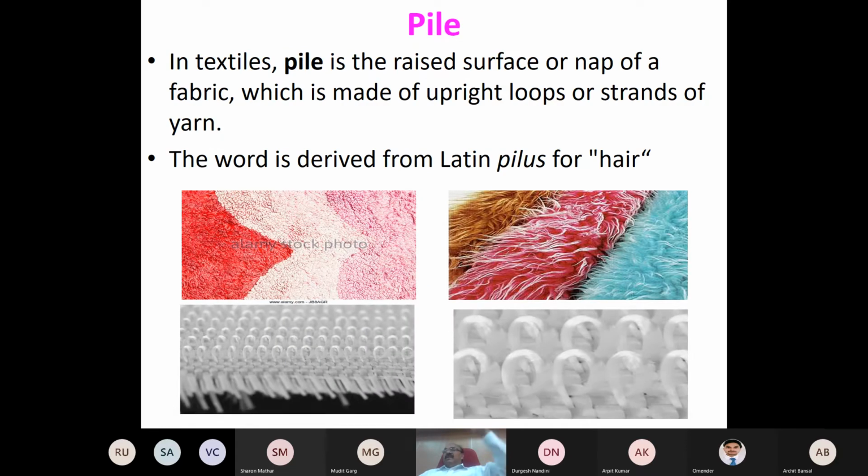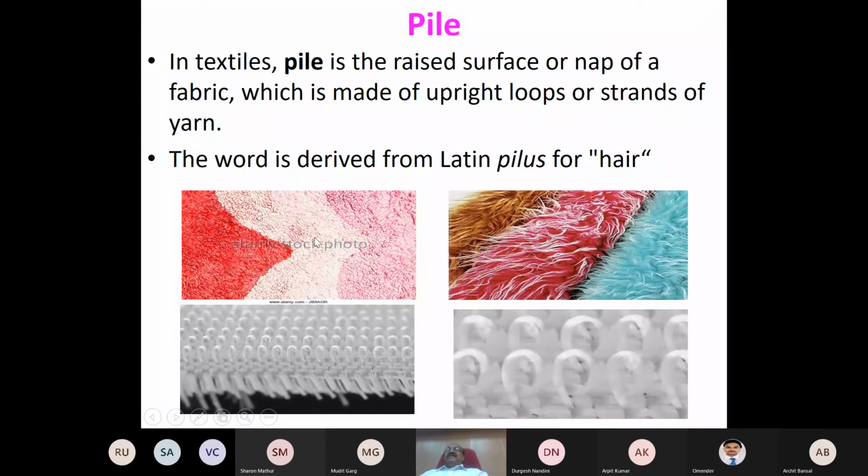The fabric is also sometimes called pile fabric. In textile, pile is the raised surface or nap of a fabric, which is made of upright loops or strands of yarn. So when we say the term pile, it is not only a loop, but also a strand.